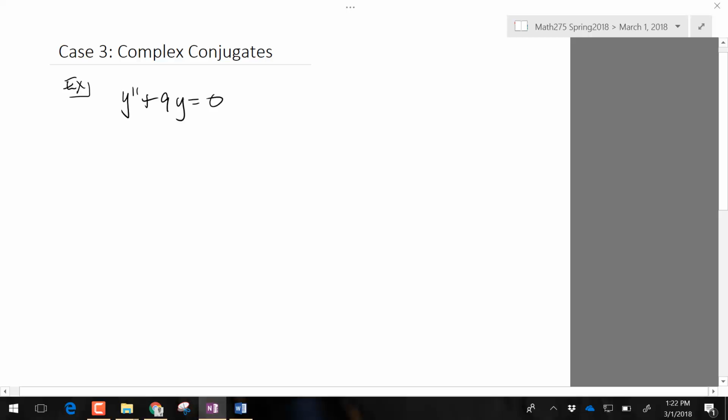So let's take a look at this as an example. We got y double prime plus 9y is equal to 0. And so we're going to assume that your solution is y equals e to the mx. And so y prime is equal to m e to the mx, and y double prime is equal to m squared e to the mx.